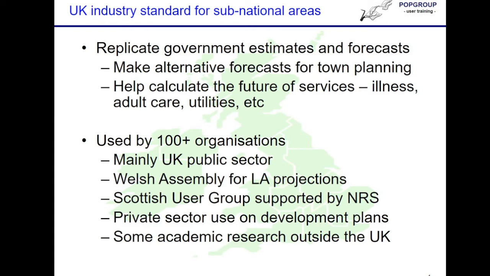And more widely, we can use population projections to calculate the future of services. We can use POPGROUP to calculate projections of illnesses, households and so on, and we can use our population projections to inform the provision of services around these areas.